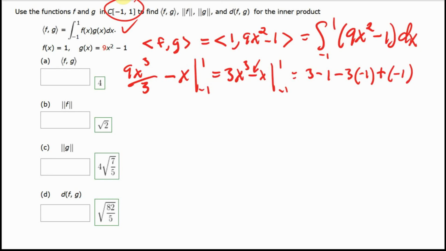So basically the function is odd, so they retain their signs, and since it's from negative 1 to 1, you just take one of these sums and say times 2. But at any rate, 3 plus 3, we get 6, and then minus 2, we just get 4.